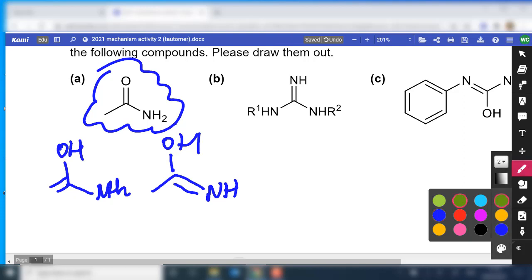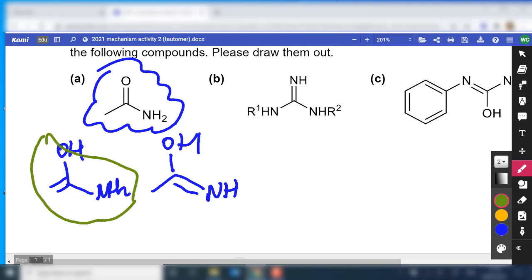Of course, this seems to be a relatively dumb question because you know that amides are definitely more stable. Yeah, but remember this is a preconceived knowledge you have, right? Because those of you doing bio, you know that amide or peptide tends to be the more stable form. But after you learn about tautomerization, you realize that there are actually two other forms that could exist, but they don't exist in great amount.